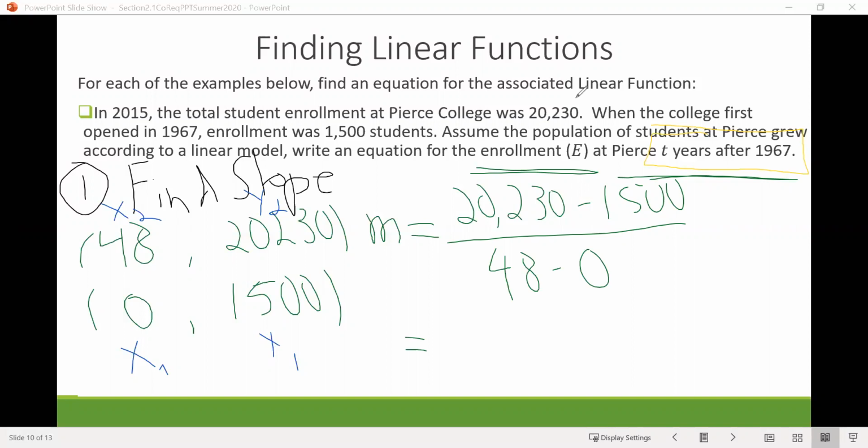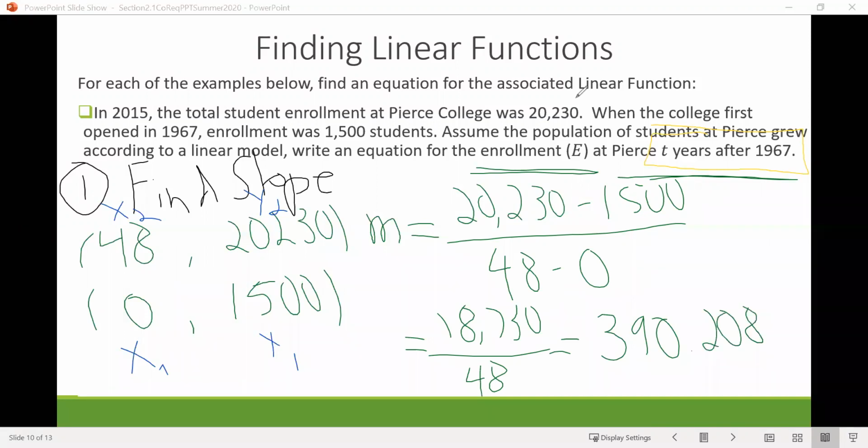Subtracting the tops, we get 18,730, divided by 48 minus 0, which gives us 48. Dividing that gives us 390.208. So that will be our rate of change there.